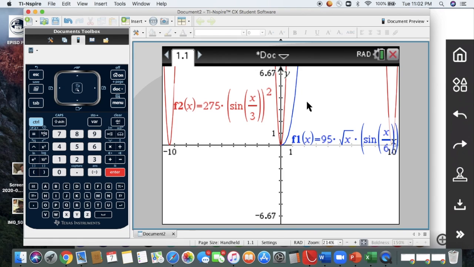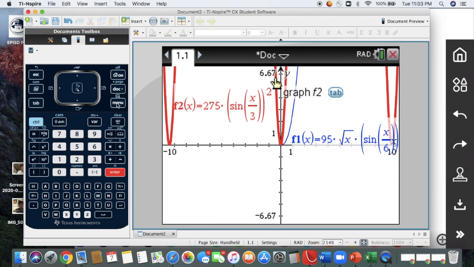So now you're going to try and find where W of t minus R of t equals 0. So that means they're going to be where they're the same value, which means you're going to look for where they intersect, because that means the y values are going to be the same and they'll equal 0, right?